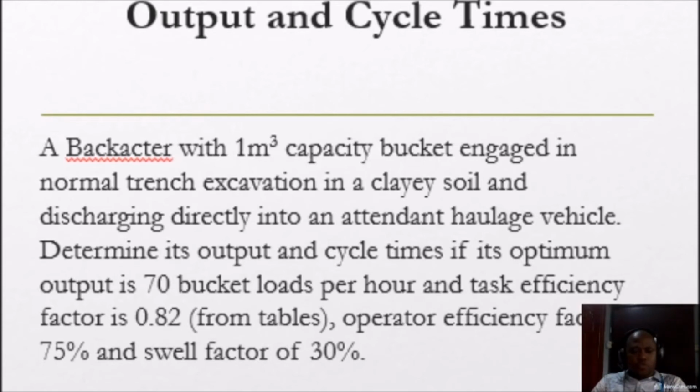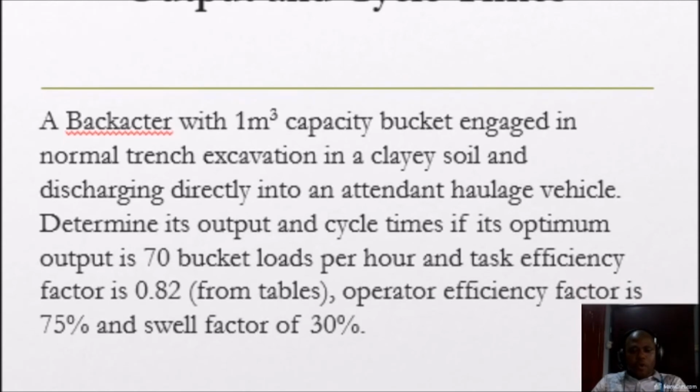Determine its output and cycle times if its optimum output is 70 bucket loads per hour and the task efficiency factor is 0.82 from tables. The operator's efficiency factor is 75% and the swell factor is 30%.